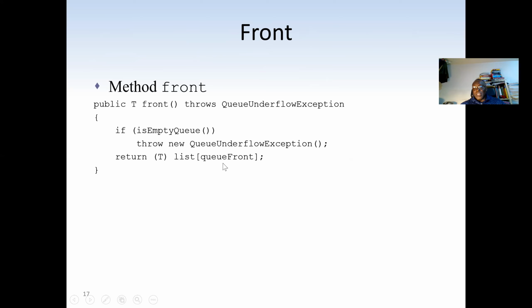If you remember, we said the variable Q front keeps track of the element in the front of the Q. So we return list. List is the name of the array. So list, the index is Q front. The same thing applies to the back. For the back also we have to check what is in the back of the queue.